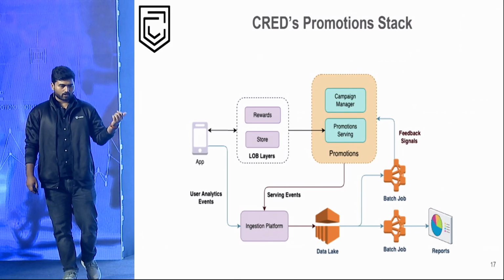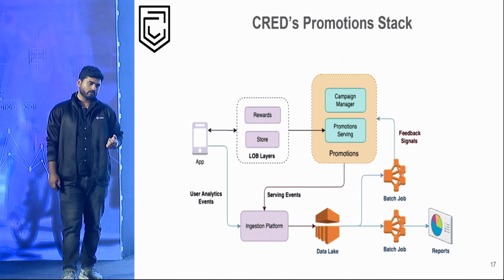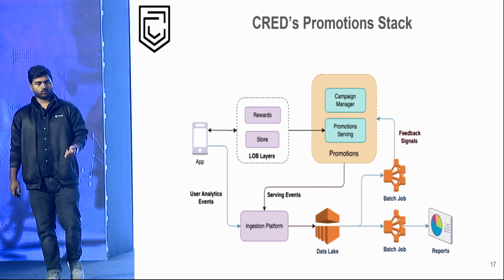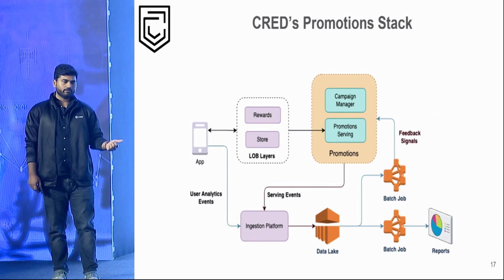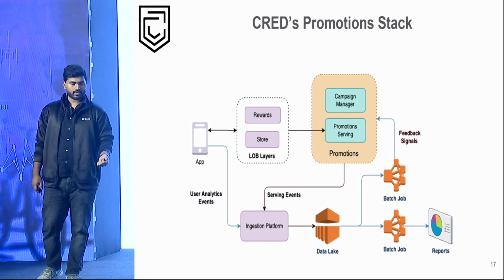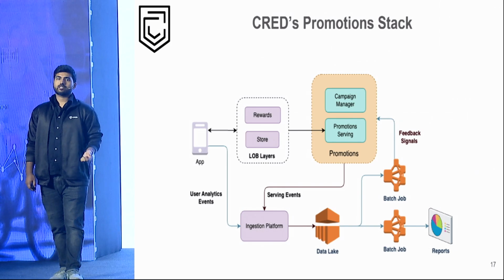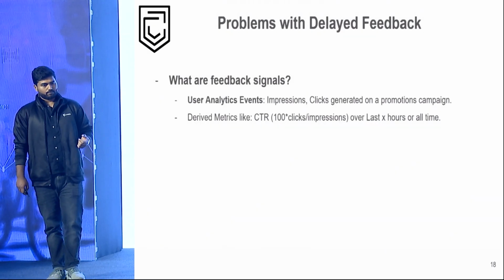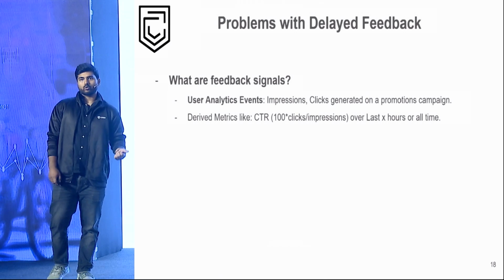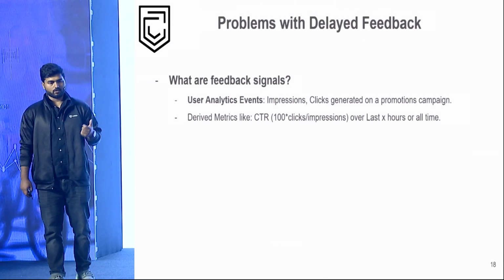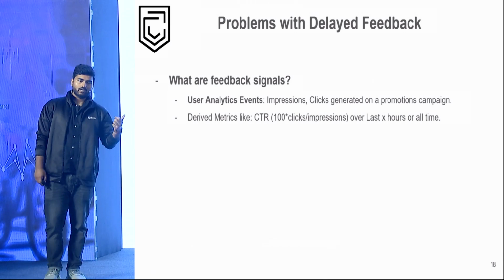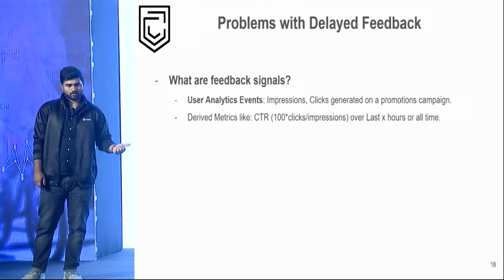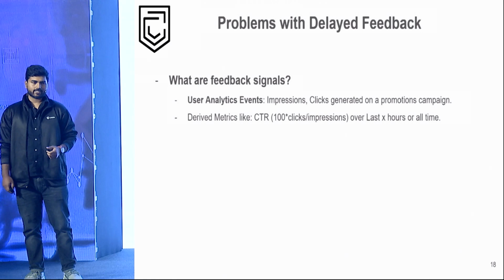In the existing scenario, how the promotion stack would work is we fire serving events, and we have user events coming to our data lake. There would be batch jobs that process and do reporting, as well as calculate feedback signals. Why feedback signals? Because we need to know how our content is performing. It could be your CTR, your revenue, or basically any conversion that is happening.